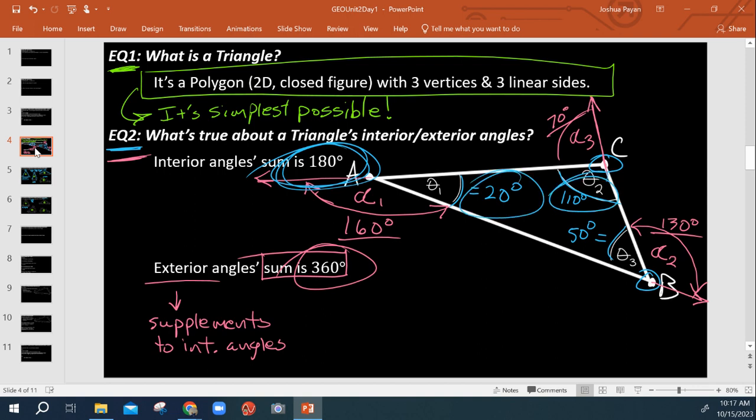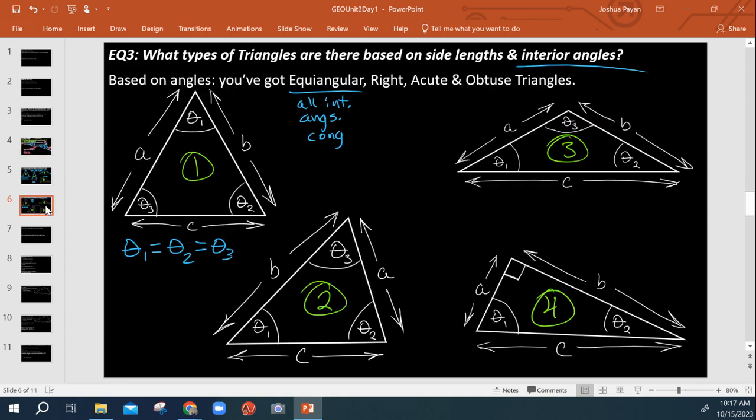If we do have an equiangular triangle, all three angles would have to be 60 degrees, or the equivalent in radians, which would be pi over 3 radians. Depending on where you're at, I may not have covered radians yet, so I'm not going to go too far into that.